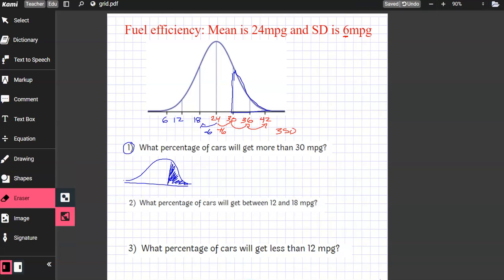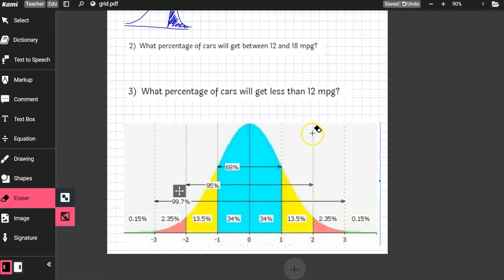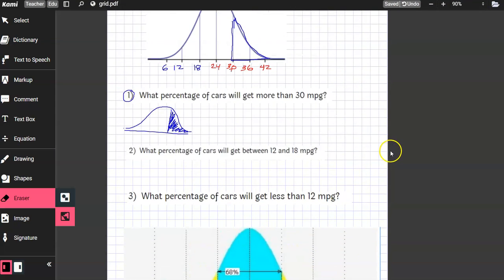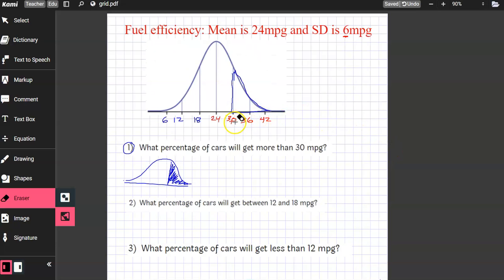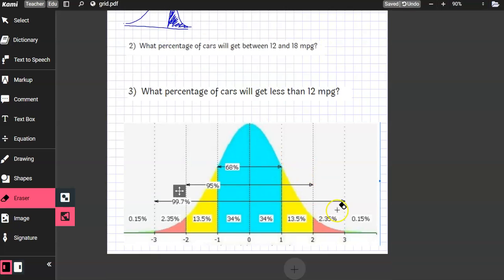Let me erase this. I'm going to use the bottom of my page to visualize the percentages here. So 30 miles per gallon is one standard deviation and above.